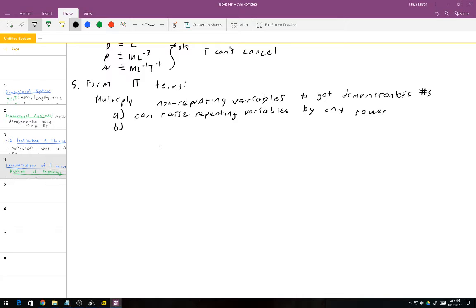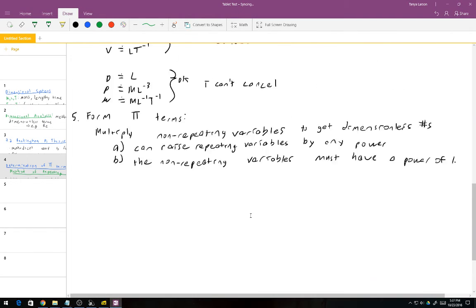And B, the non-repeating variables must have a power of 1. So I'm going to start by listing out my repeating and non-repeating variables here.